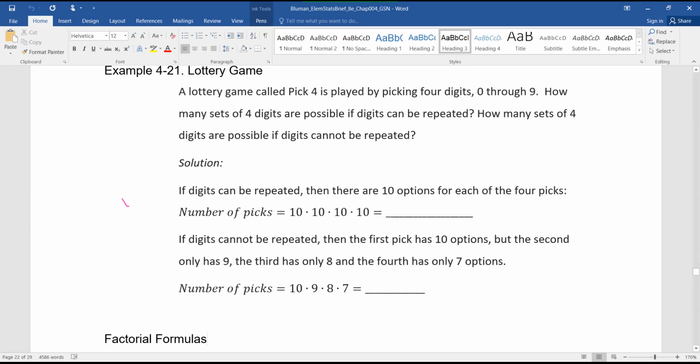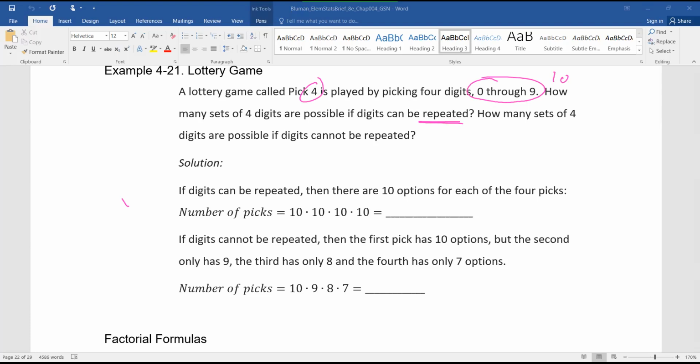So how many sets of 4 digits are possible if digits cannot be repeated? Two separate questions. So if it can be repeated, how many numbers are there between 0 and 9? 10 numbers. 0 is a number too, right? So there are 10 different numbers they can choose from, and then you're going to pick 4. It can be repeated, so how many options are on the second number? Still the same, because I can get the same number.